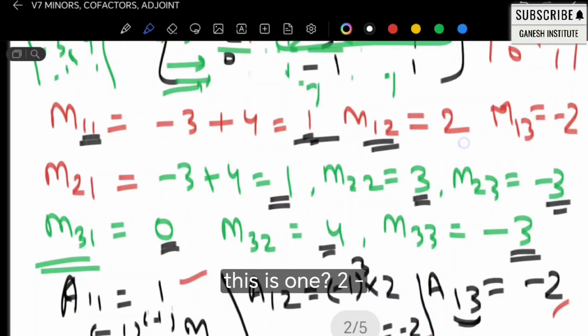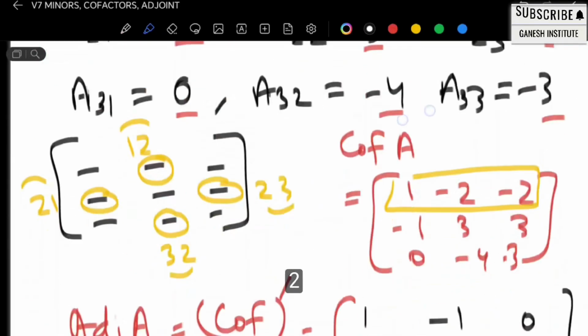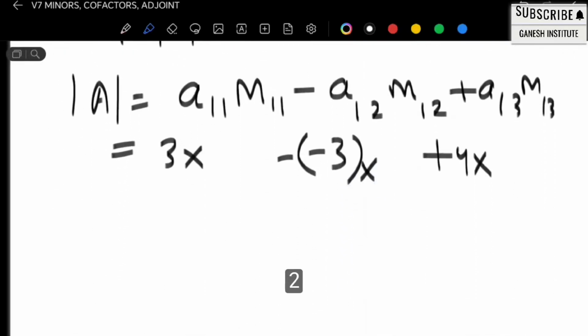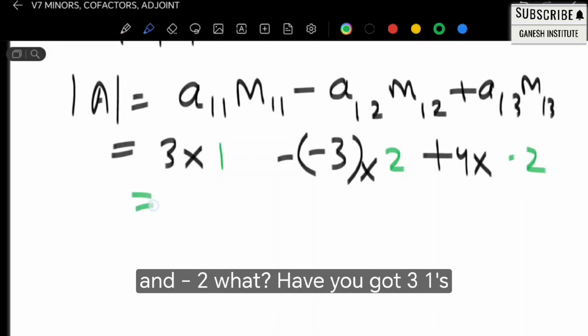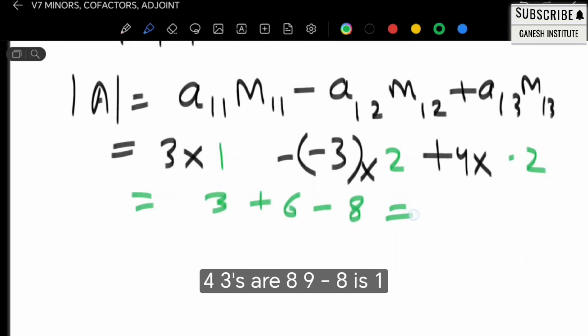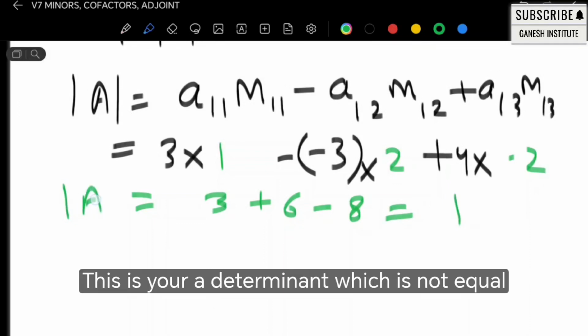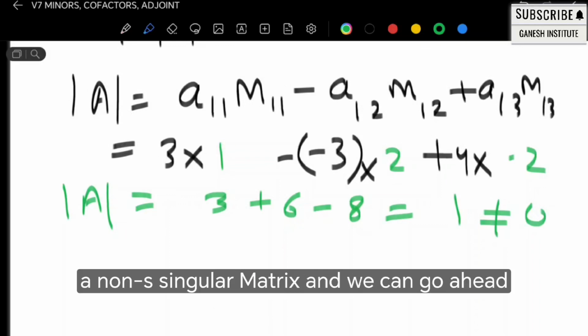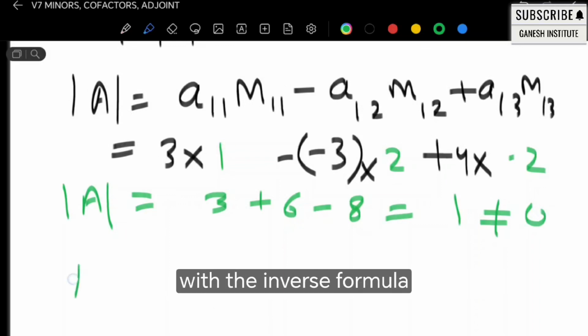This is 1, 2, -2. What have you got? 3 ones are 3 plus 3 twos are 6 minus 4 threes are 12. 9 minus 8 is 1. This is your determinant of A, which is not equal to 0. So yes, it is a non-singular matrix and we can go ahead with the inverse.